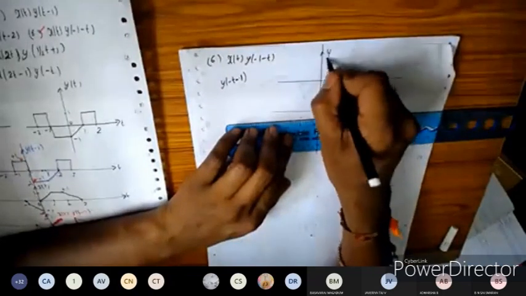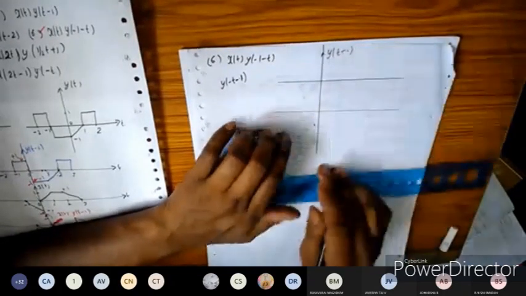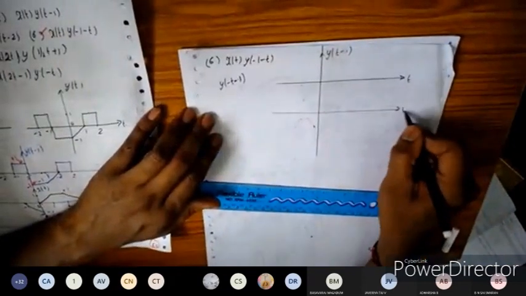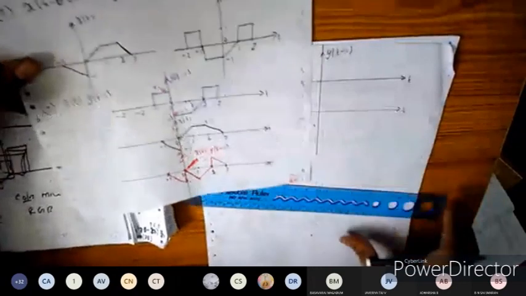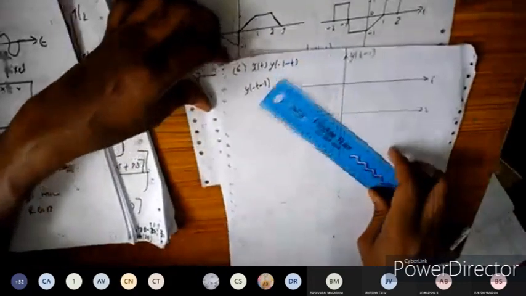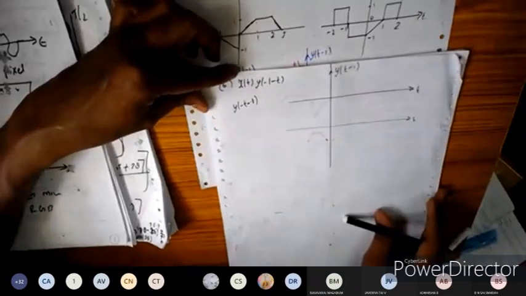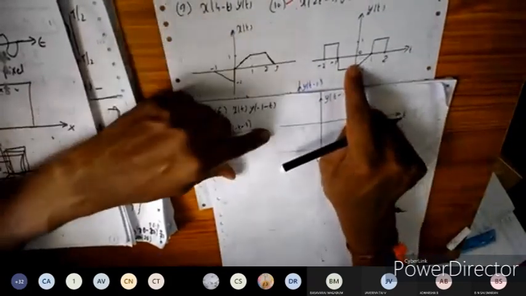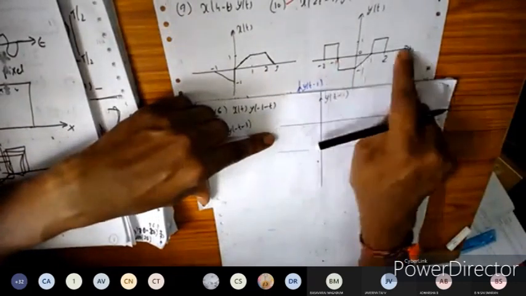So this is y of t minus 1. First I will plot it here. The waveform of y of t is here. If I perform the shifting, the waveform will be shifted towards the right side.